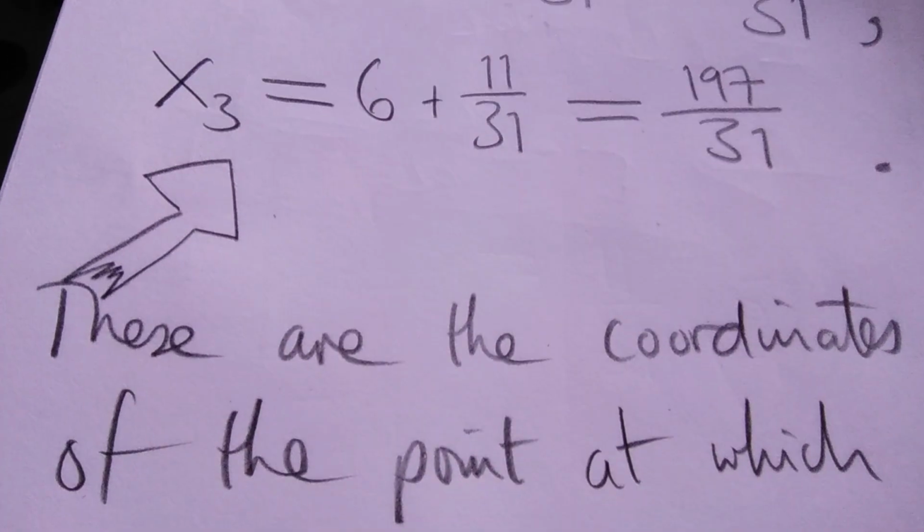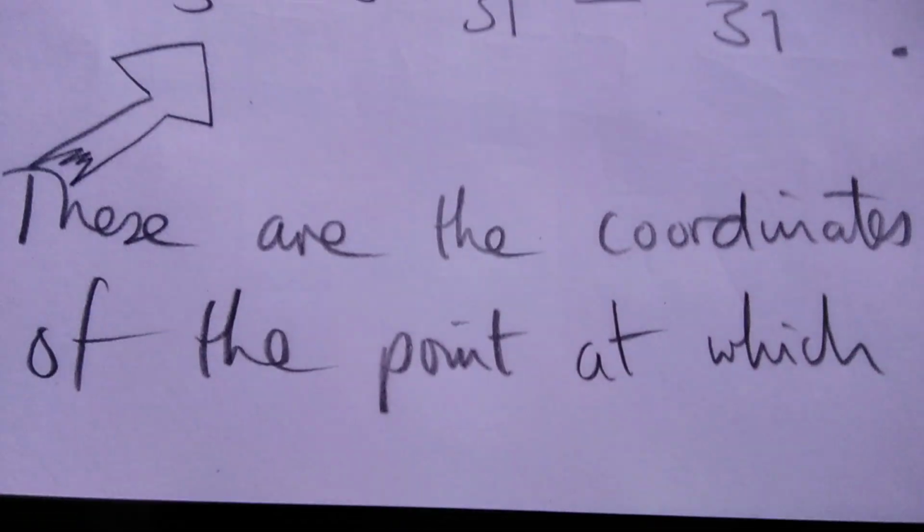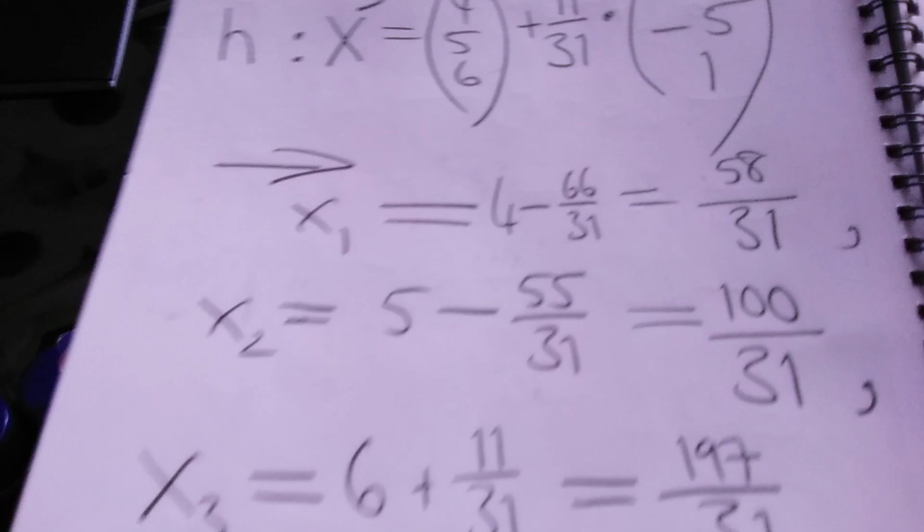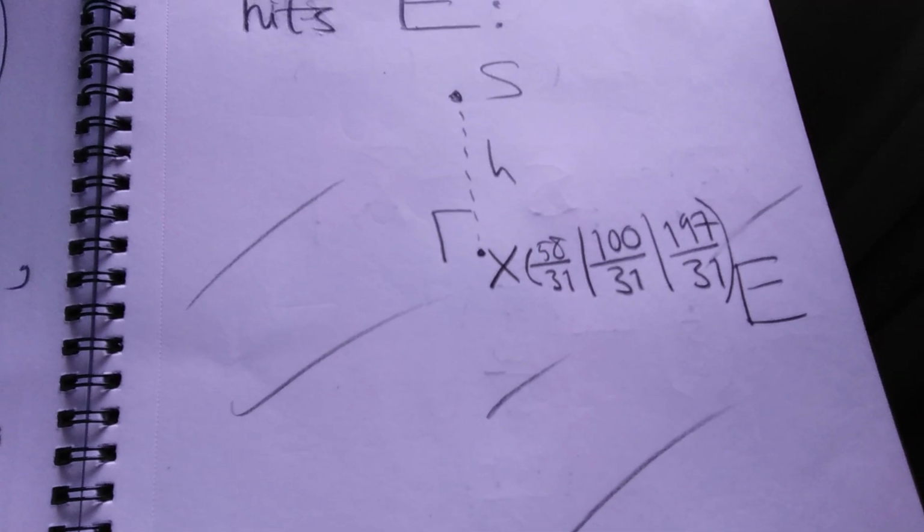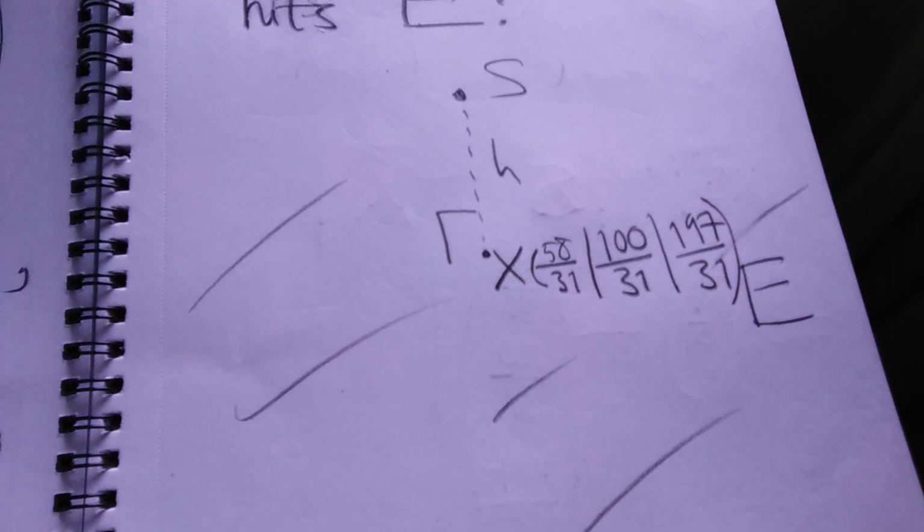And these three are the coordinates of the point at which straight line H hits E. And here is a very basic sketch showing that. We have point S up there, we have the line H going down, hits E at 58 over 31, 100 upon 31, and 197 upon 31.